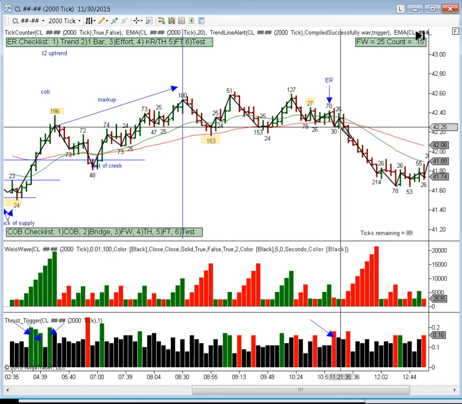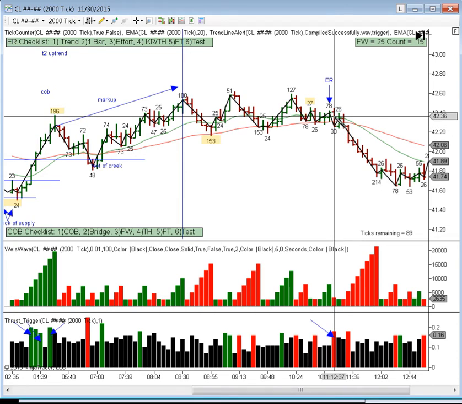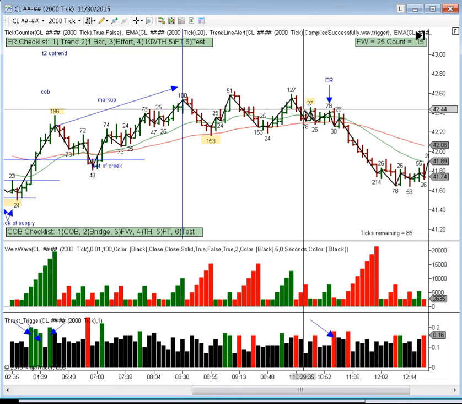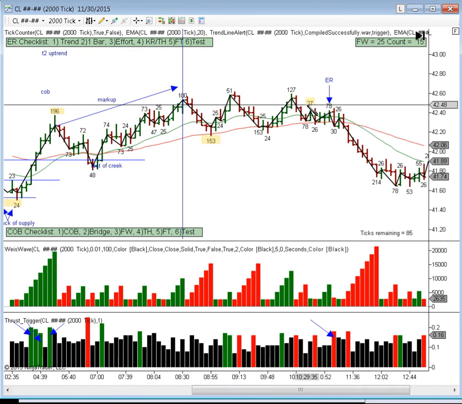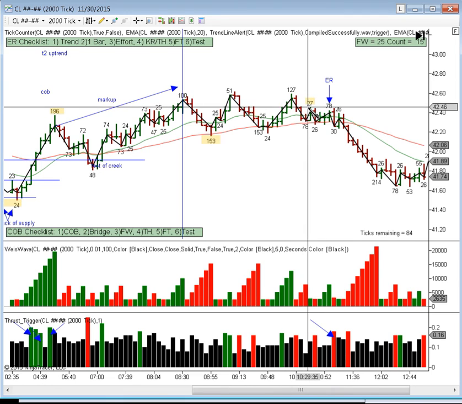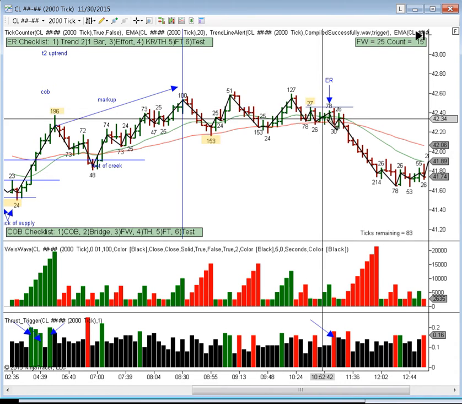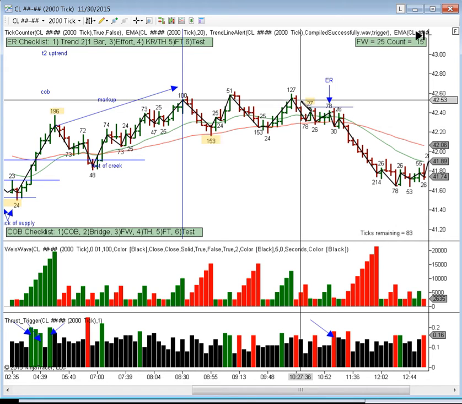Now, where can you establish it? On the low, in the middle of the thrust, it's up to you. For me, it's anywhere within the thrust. More importantly, where's the stop? The stop goes above low volume. Above here. Okay, because that's where effort couldn't get above.